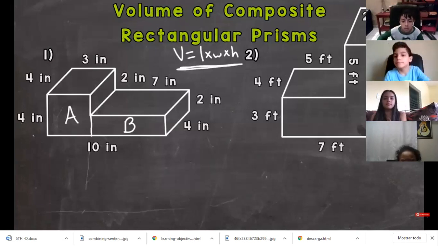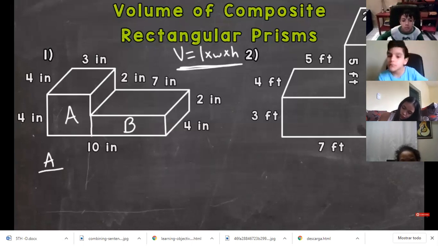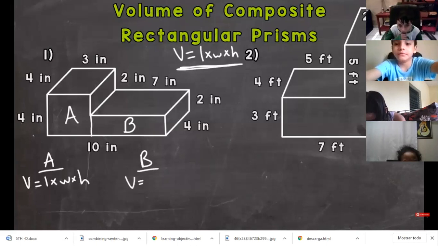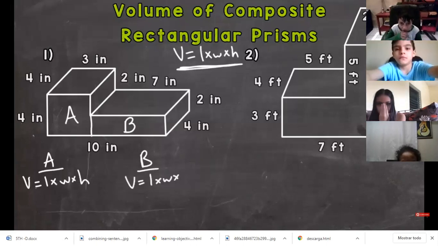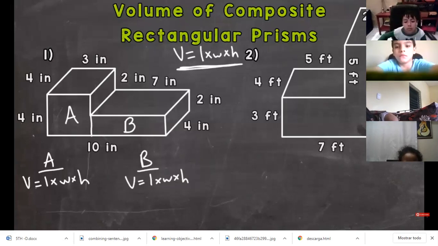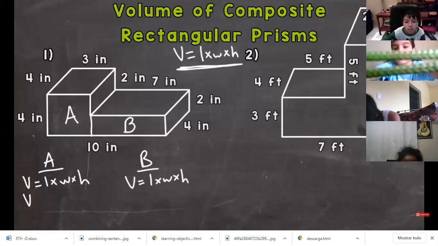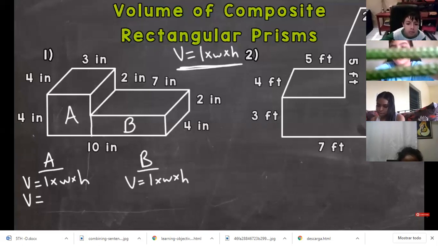So let's do A first. I'm going to put our A and B, and then let's write out our formula for each. Once we get to this part, it's about picking out the correct lengths, widths, and heights for A and B. So we need the length, and I consider the length how far back that rectangular prism goes.